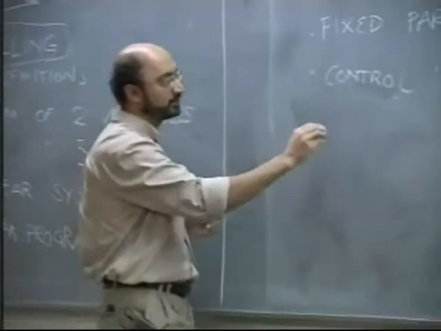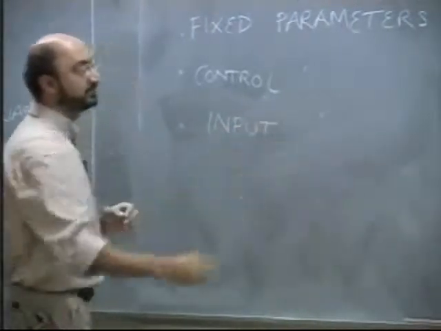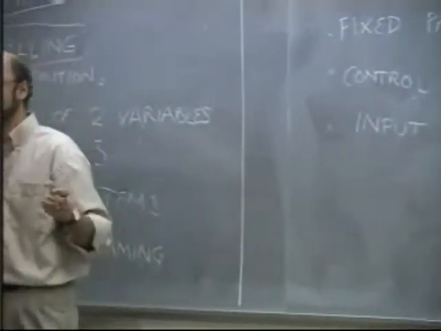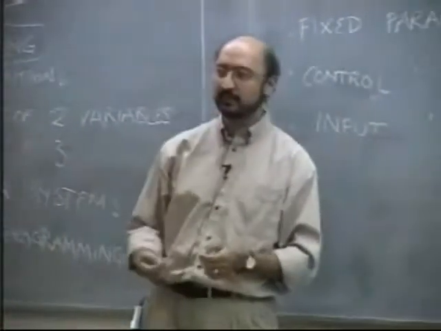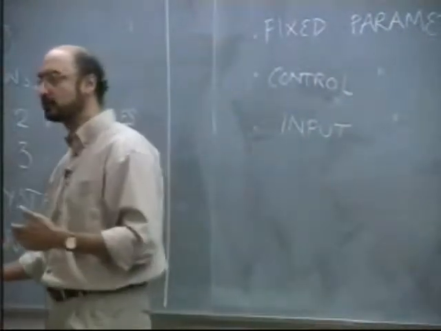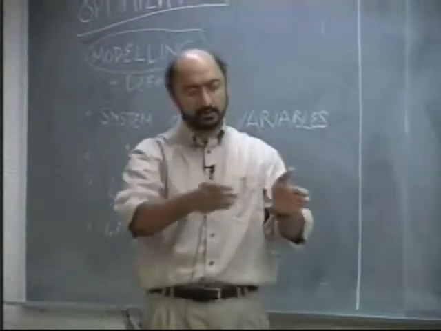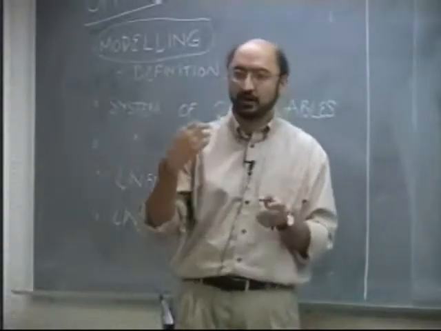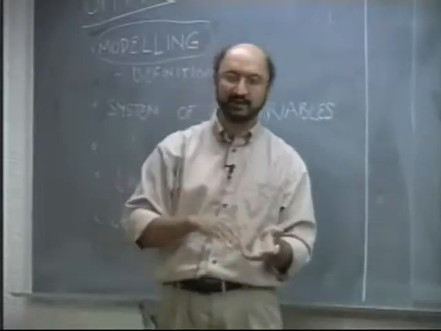The other thing we have is what I call input parameters. Input parameters don't show up so much in optimization, but they show up in control theory. So I'm putting it in just for completeness' sake. Input parameters are things that you cannot control, but they're not fixed either. So you're driving the car and you want to optimize how much petrol, how much gas you use, how far you press the accelerator.